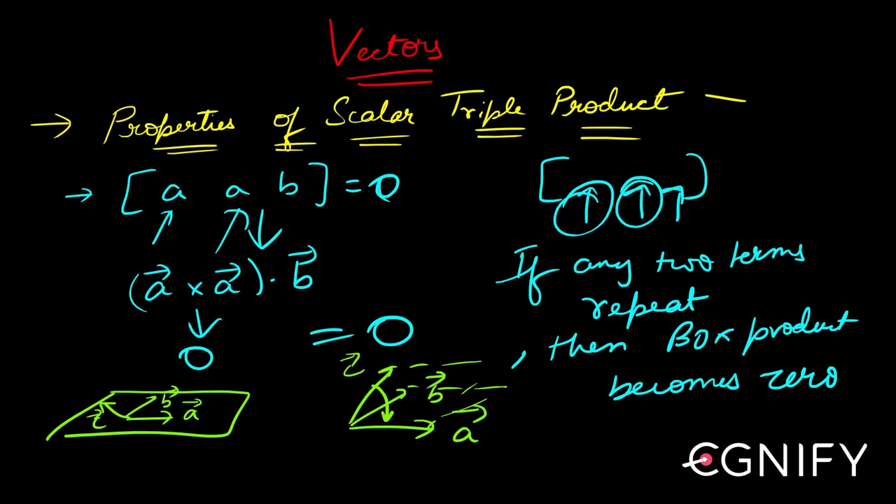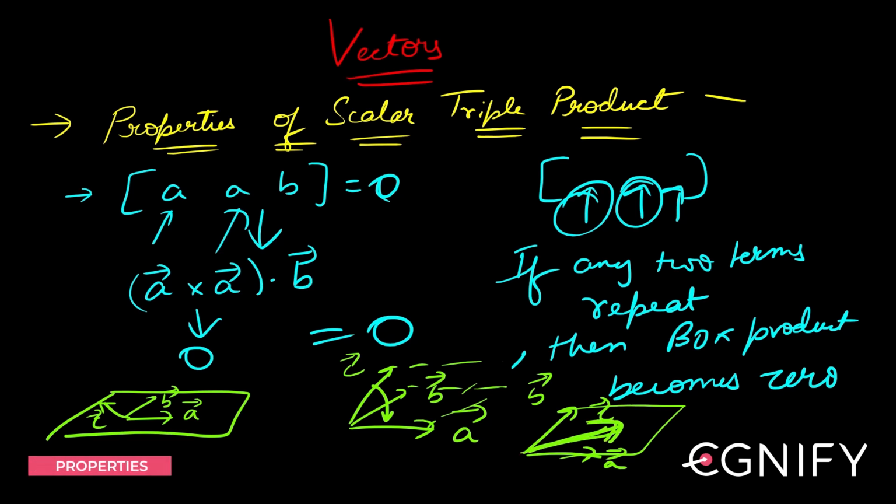If this C bar lies in the plane of A and B, then there will be no parallelepiped formed at all. This thing has become flat on the floor, so the volume will be 0. That is the reason why in the previous property the box product was 0 for three coplanar vectors.